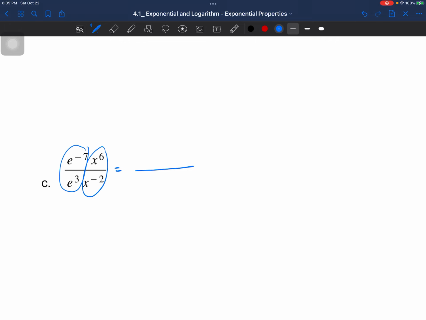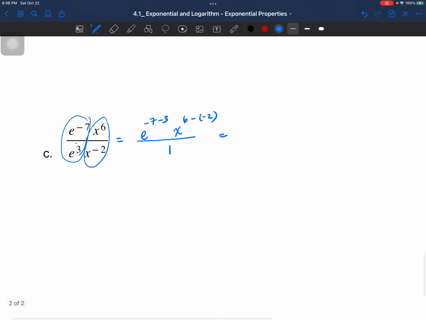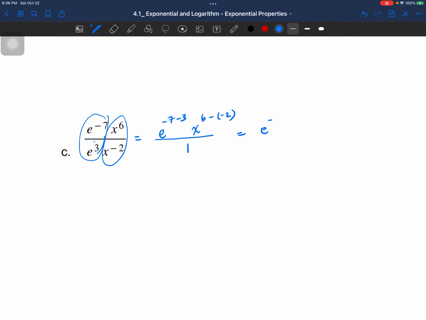And then lastly here, we have two variables, well, one variable and one value e, but nonetheless we can combine these two and combine these two. I can do it in two different ways, but I'm going to try this. e to the negative 7 minus 3, because this can be subtracted. Same thing here, x to the 6 minus negative 2, all over 1, there's still 1 in the denominator.